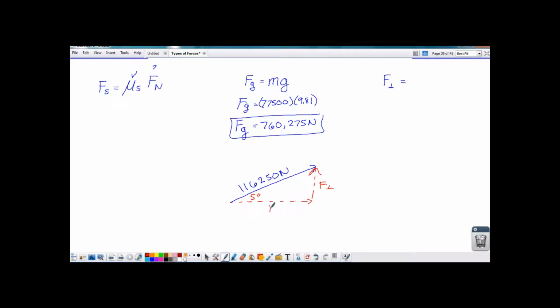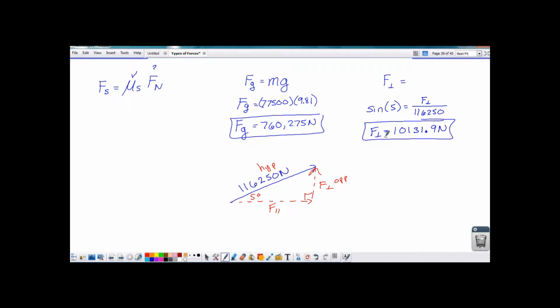So this was our F perpendicular, this is our F parallel. I'm looking for this side, which is opposite the 5 degrees, and I was given the hypotenuse. So I'm going to use the trig function sine. The sine of 5 degrees is equal to the opposite, the perpendicular component, over the hypotenuse, 116,250. Multiply both sides by 116,250, and our perpendicular component is 10,131.9 newtons.